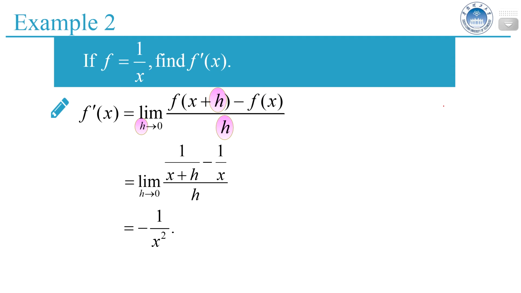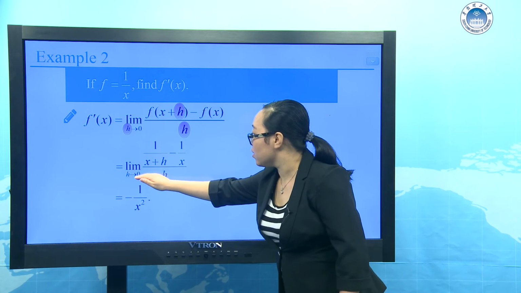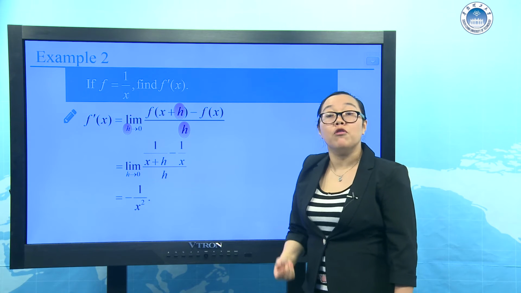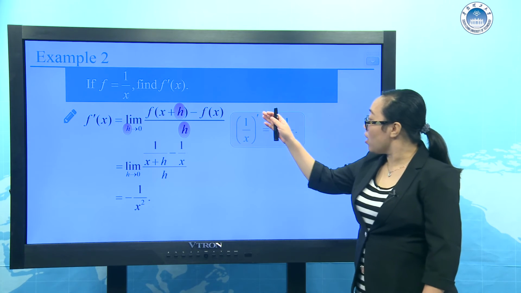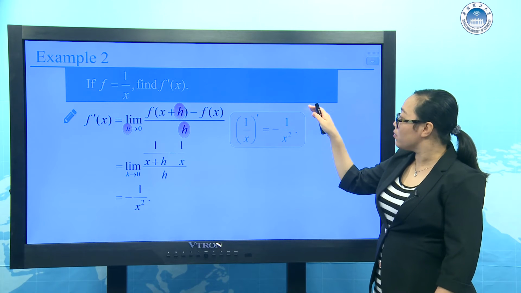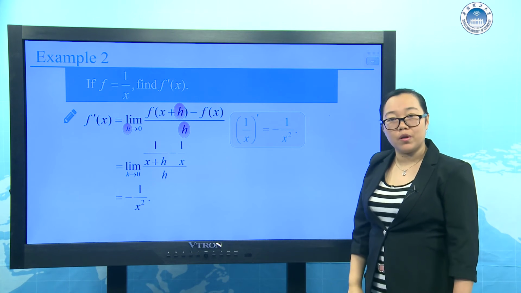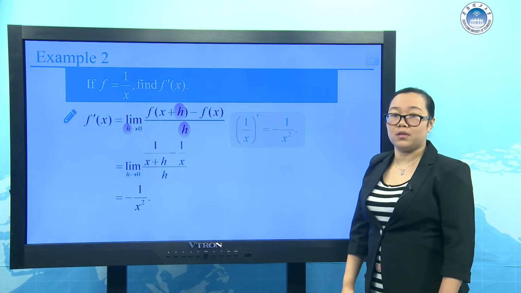So we write it equals minus 1 over x squared. Why? Pay attention to the limit condition: h tends to 0, x is some fixed number. Look at this. This means the derivative of 1 over x equals minus 1 over x squared. Try to remember this expression. It's useful for your future study.